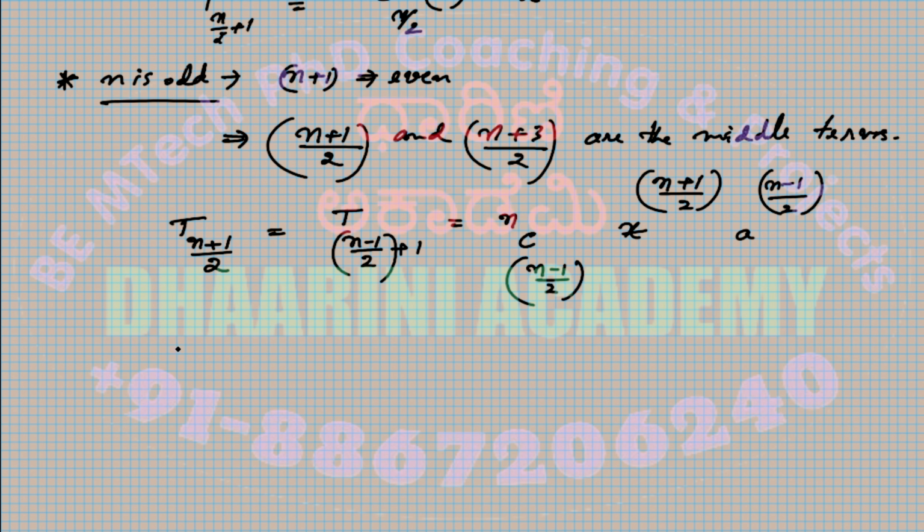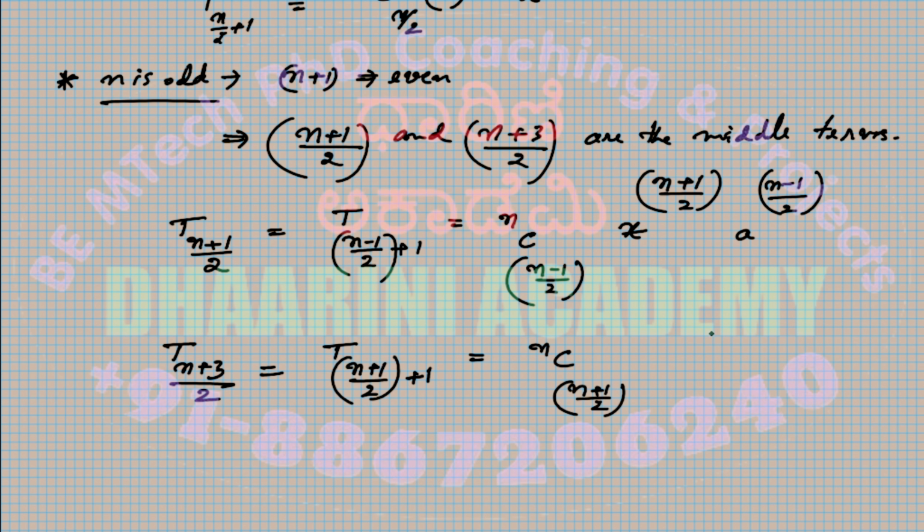This is one term. The second term is T((n+3)/2), that is T((n+1)/2 + 1). I can write this as nC((n+1)/2) into x to the power (n-1)/2 into a to the power (n+1)/2. So two expressions need to be given.